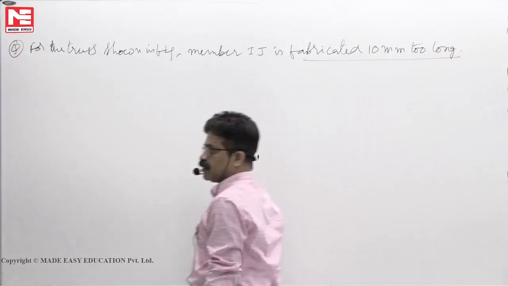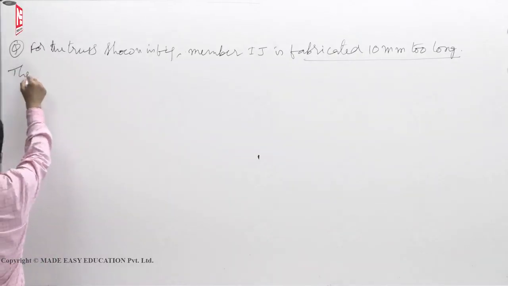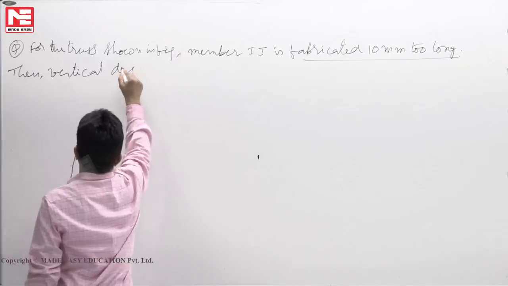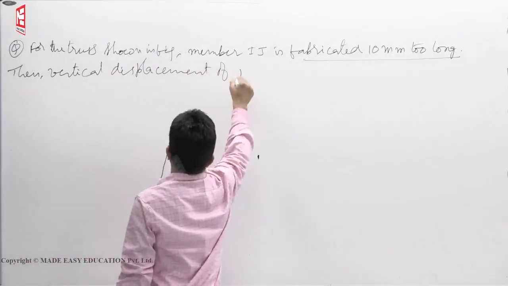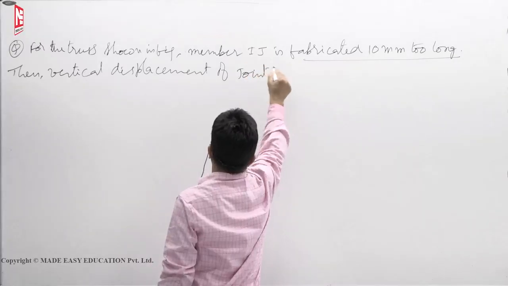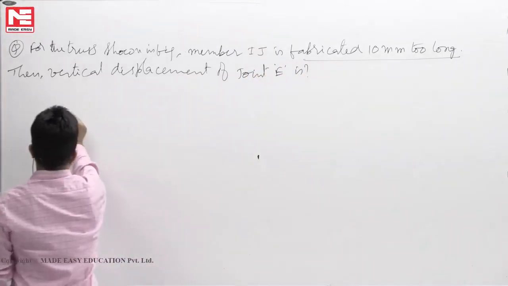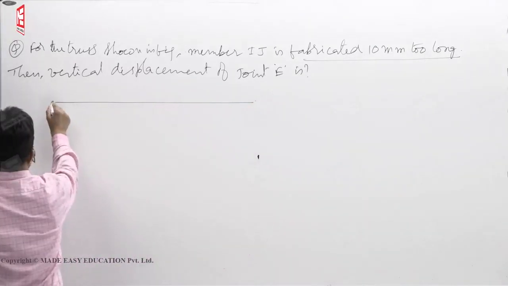Then what is the vertical displacement of joint E? This is the truss.